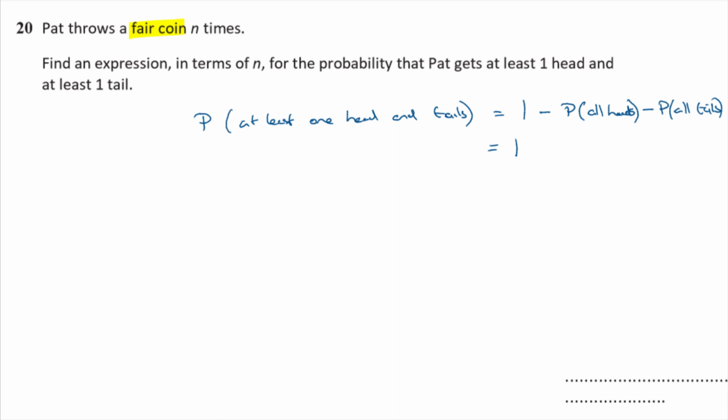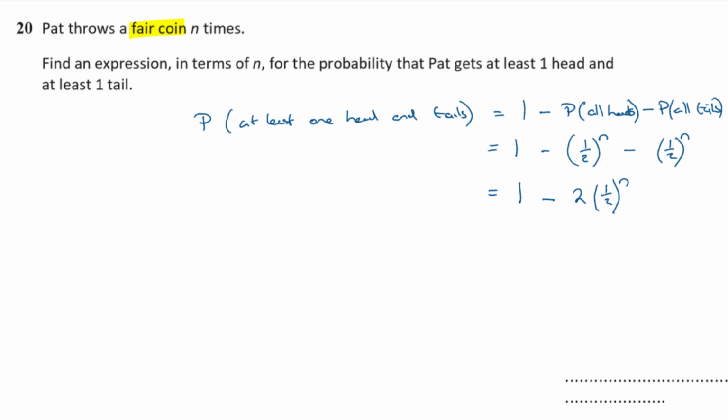Then we're going to be minusing also the probability of getting all tails, which spookily is the same thing. Because you've got a half chance of getting tails one time, and if you want all tails, it's going to be half to the power of n. So then grouping those together, that's 1 minus 2 lots of a half to the power of n.